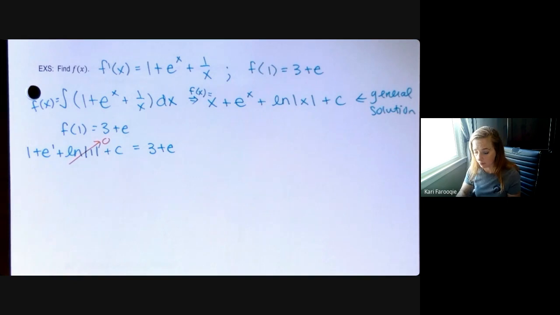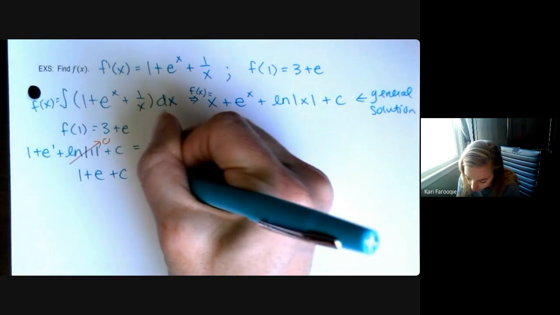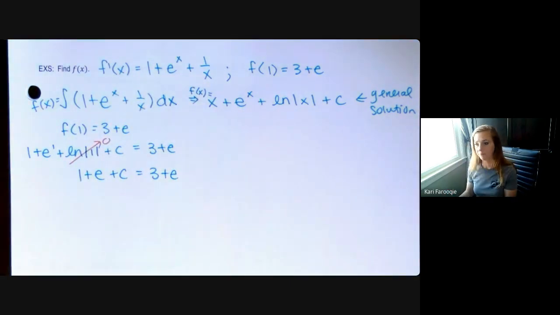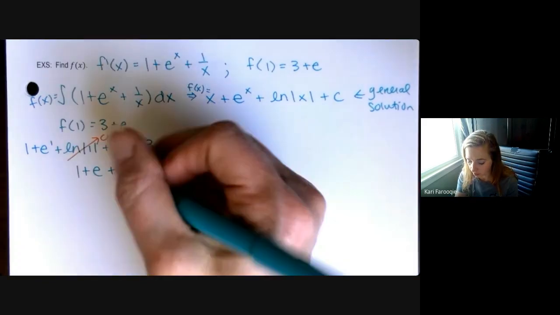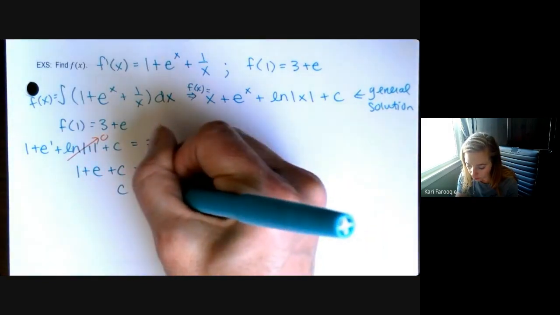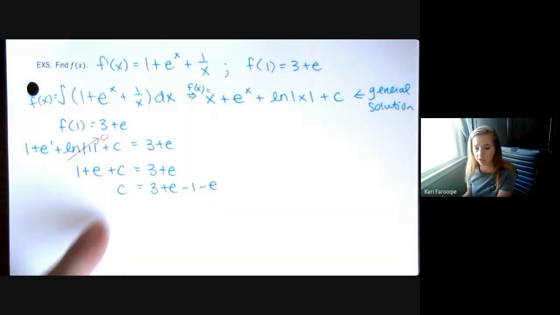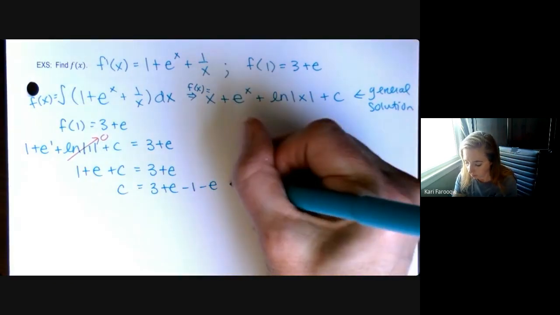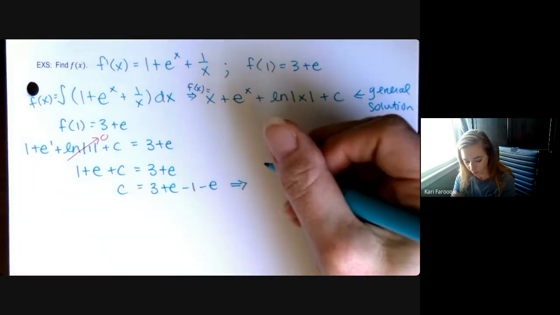Now we can say that 1 plus e plus c is 3 plus e. And now we can solve for c. So c is 3 plus e, and then subtract 1 and e from both sides. And e minus e is no e's, and then you have 3 minus 1 is 2.